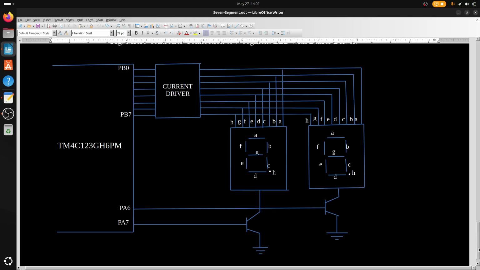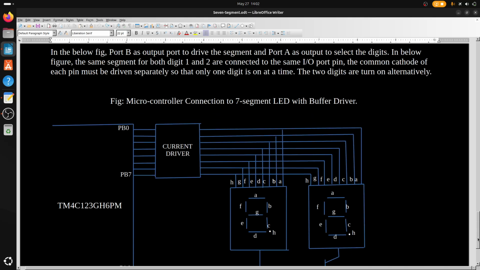So this is the common cathode figure of 7 segment representation. Each of these digits should be driven separately. That means when this one is on, this one is off, and then this one is on, this one is off. So the 2 digits are turned on alternately.